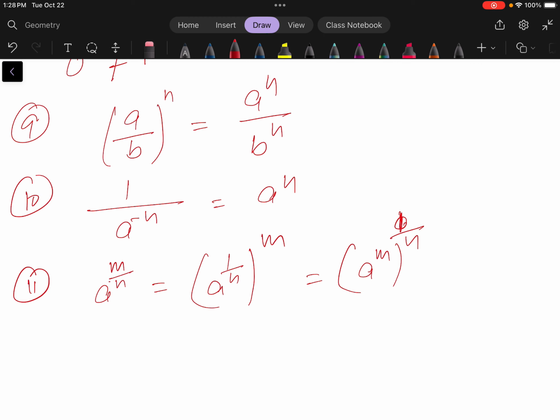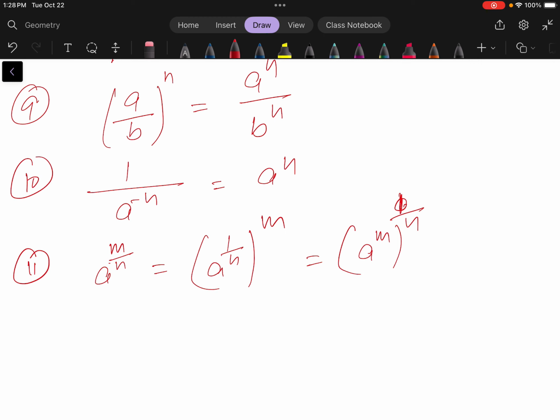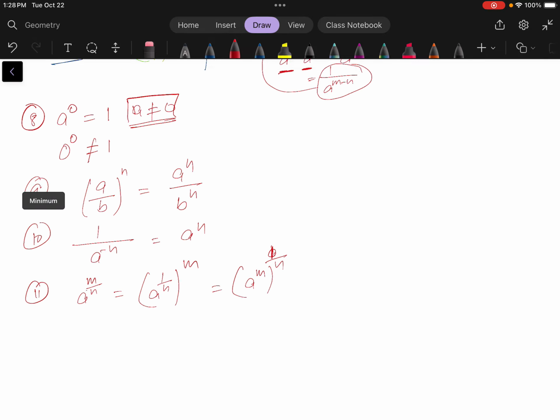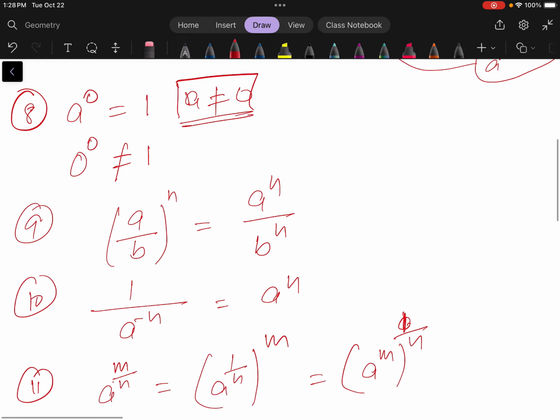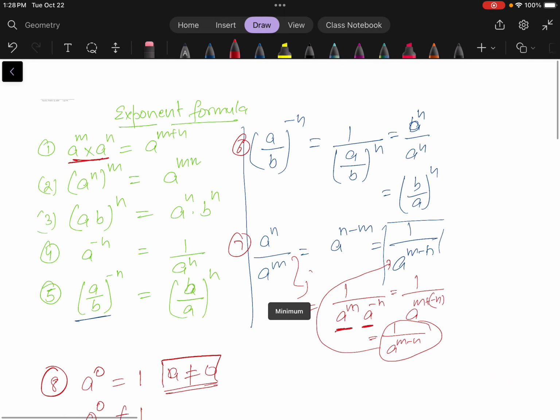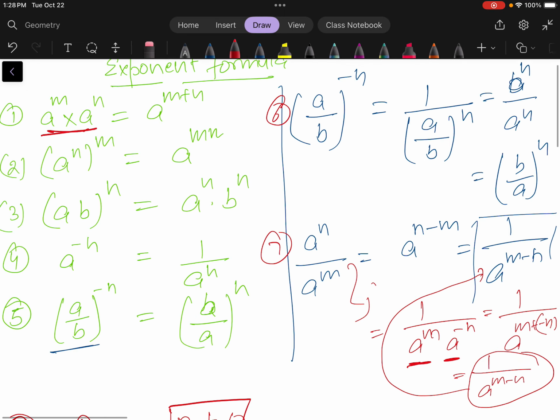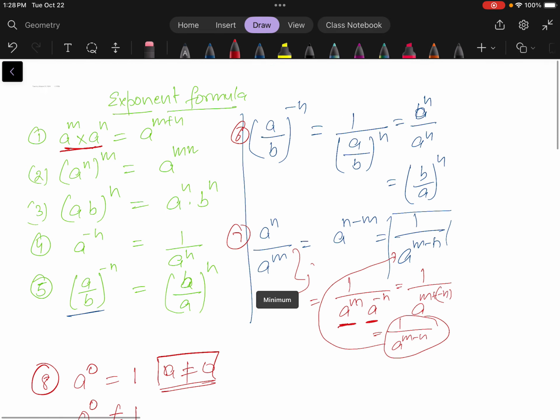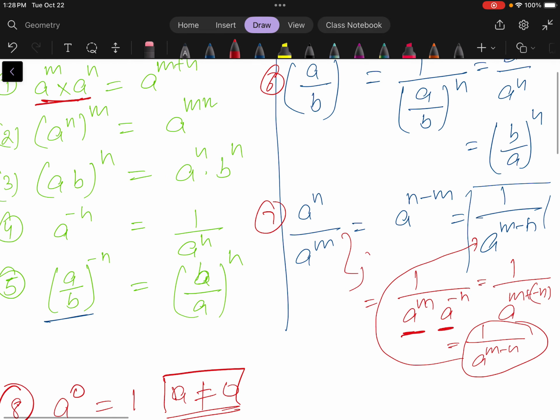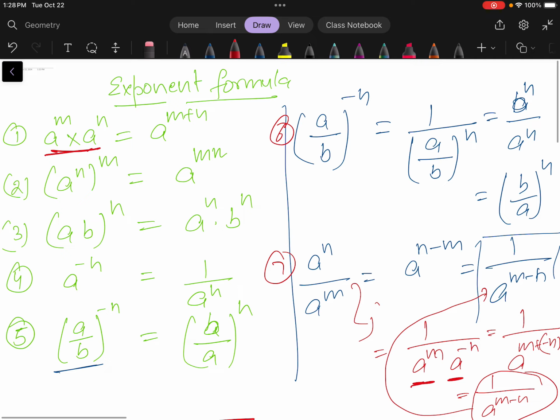Correct? Both are the same because multiplication follows the commutative property. So we have these 11 formulas of exponents that we discussed. If you want to ask any question or any doubt about any one of them, you can tell me. Clear?